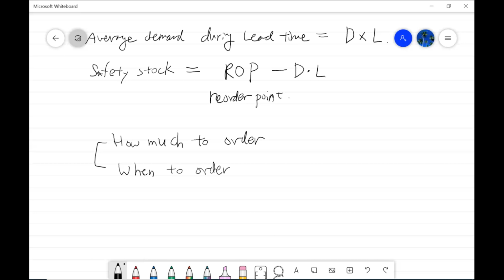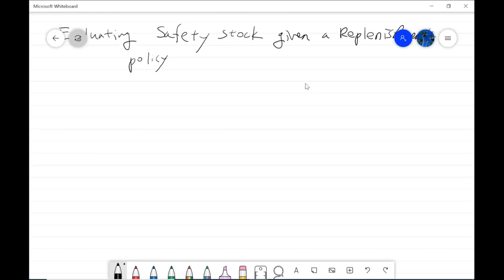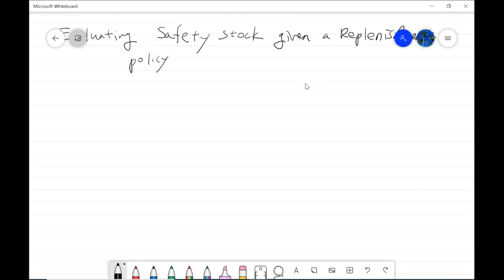So here, I'm trying to describe how to evaluate the safety stock given a certain replenishment policy.